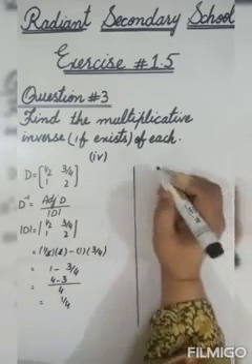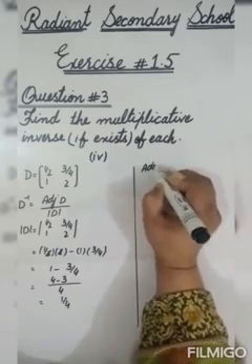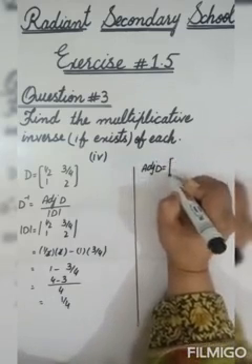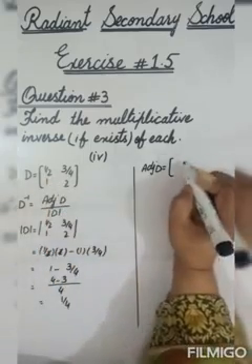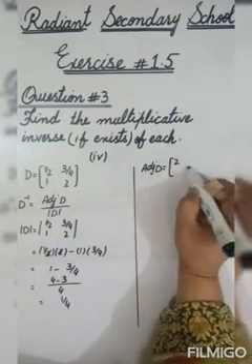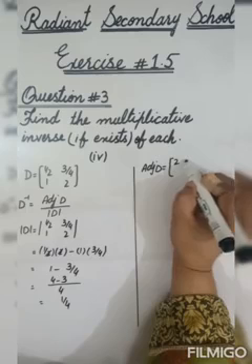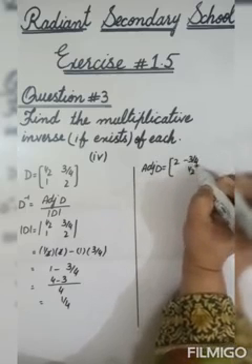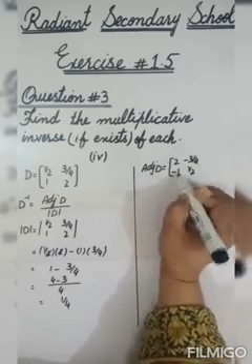Now we have to find out the adjoint of D, which is equal to, we have to change the place of the diagonal entries. It goes to 2, 1 by 2, and we have to change the sign of the rest of the entries. 3 by 4 goes to minus 3 by 4 and 1 goes to minus 1.